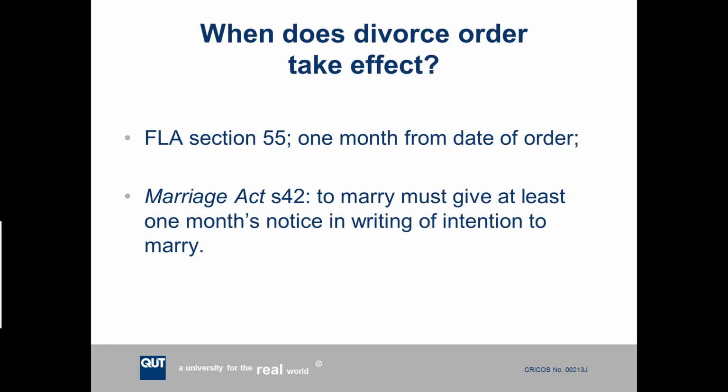Something they need to be aware of is that you do need to give at least 1 month's notice of intention to marry. So you do have to be careful to let them know that the divorce won't be final until a month after the hearing date. Then it's only then that they can give their notice of intention to marry. So they have to be careful that they don't set up their wedding without leaving enough time for all of that.